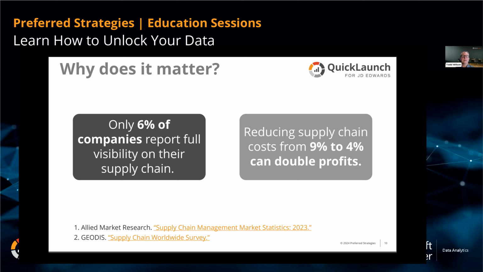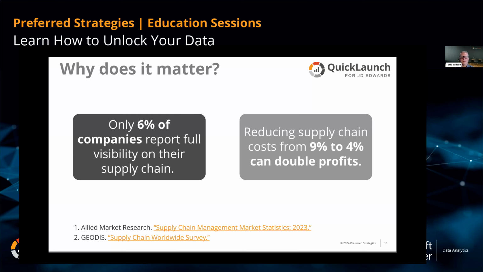Probably even more telling is the second, a worldwide supply chain study, which found that reducing supply chain costs from 9% to 4% can double your profits. Now, that's going to be unique to every organization, but that's certainly in line with what our customers have seen in discovering what improved supply chain visibility can mean, how that improves their overall optimization of data strategy, not to mention what that can mean to the bottom line for their supply chain.